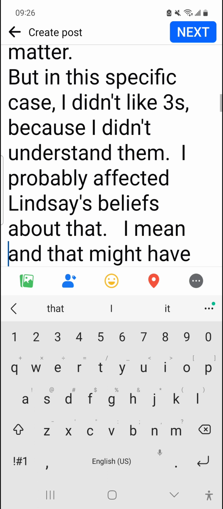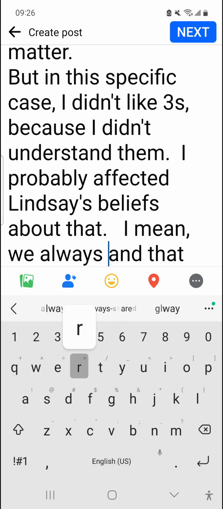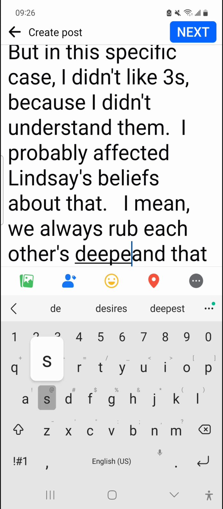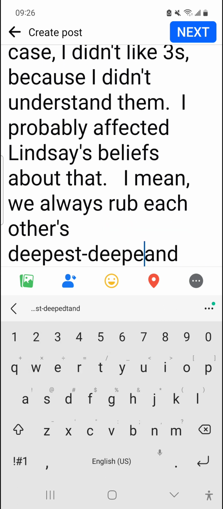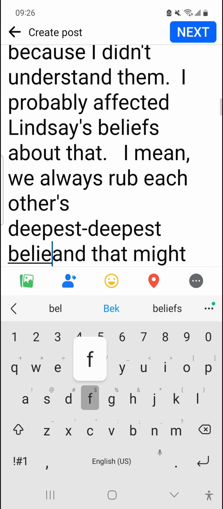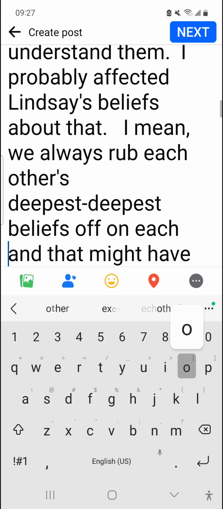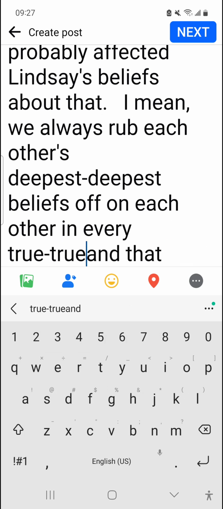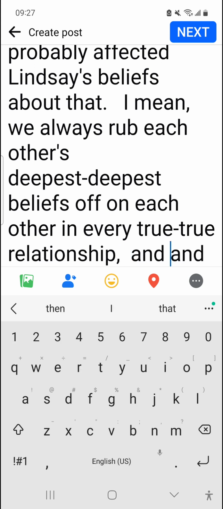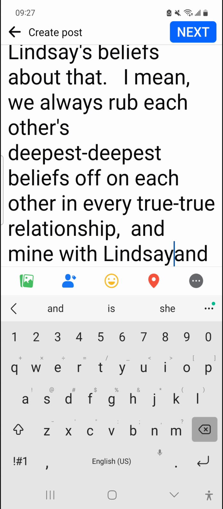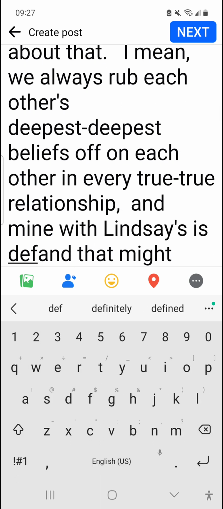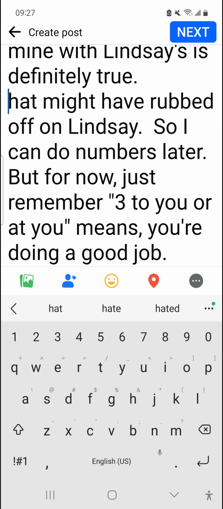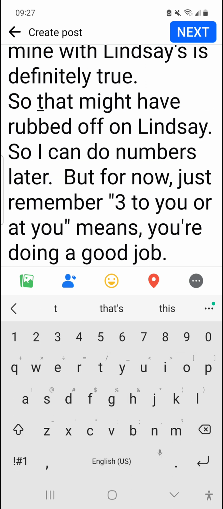I mean, we always rub each other's deepest beliefs off on each other in every true relationship, and mine with Lindsay's is definitely true. So that might have rubbed off on Lindsay.